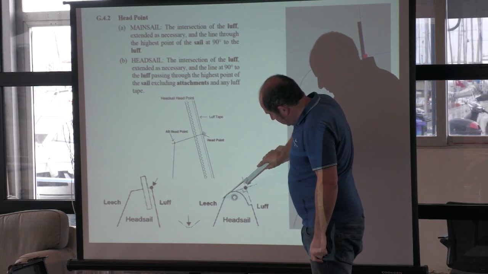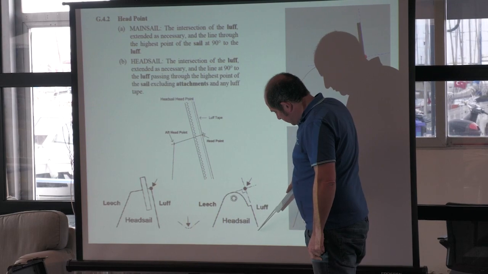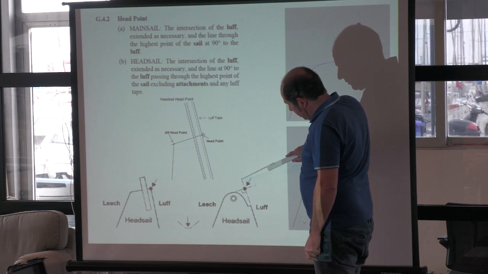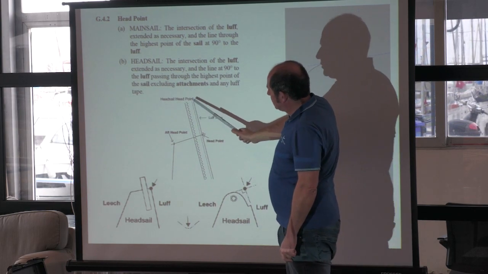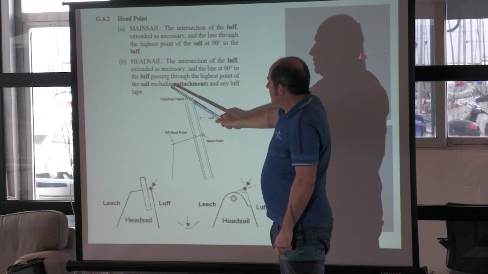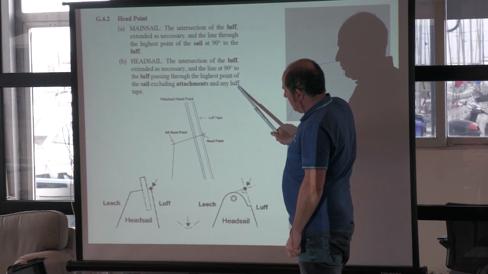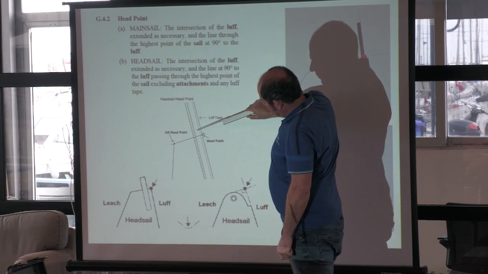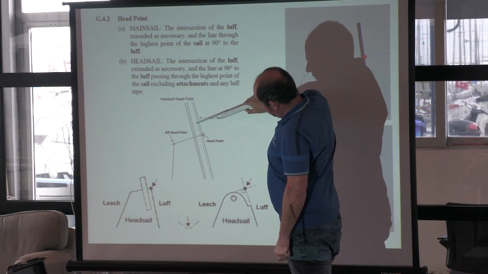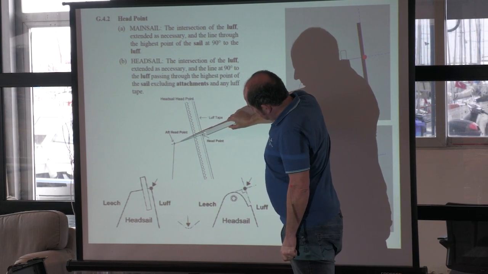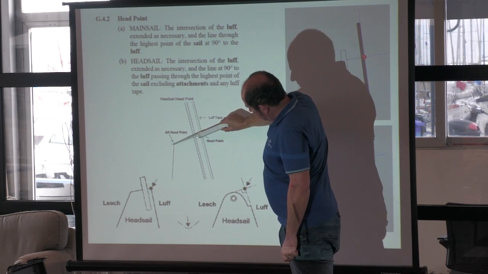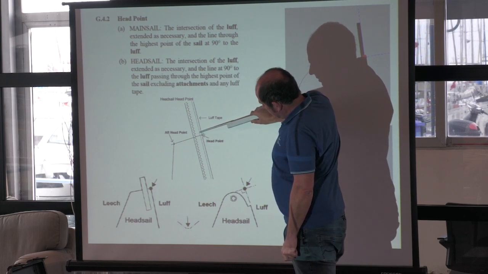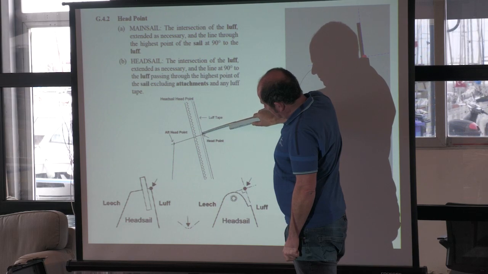Here again we have sail cloth. So the point is at the perpendicular of the highest point of the sail and the luff. The second part of the definition, after sail excluding attachment, is any luff tape. Here you have a luff tape. The luff tape is this part, and the sail cloth is stopping here. This part will be excluded from the measurement, and the good reference point will be there.